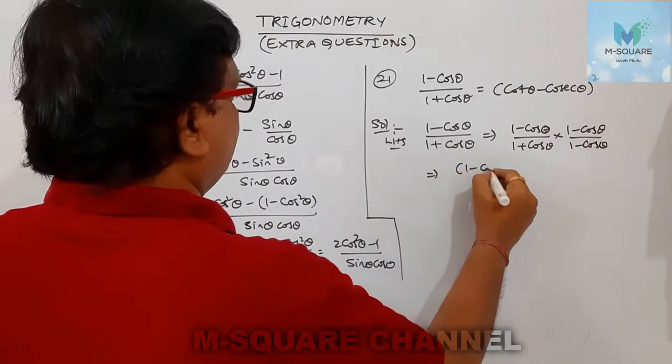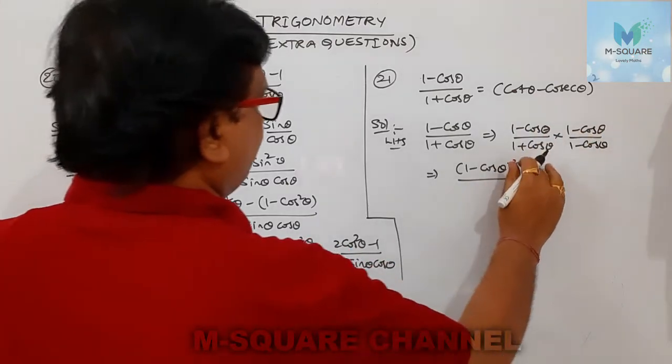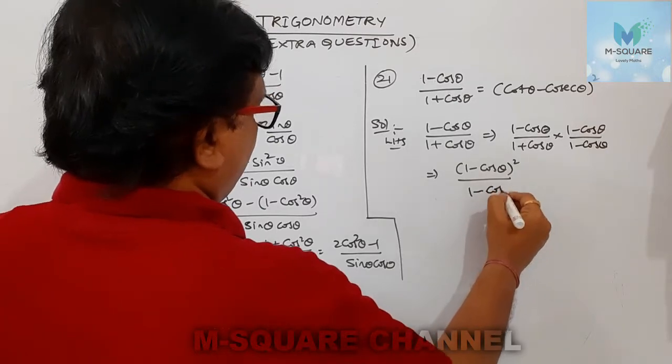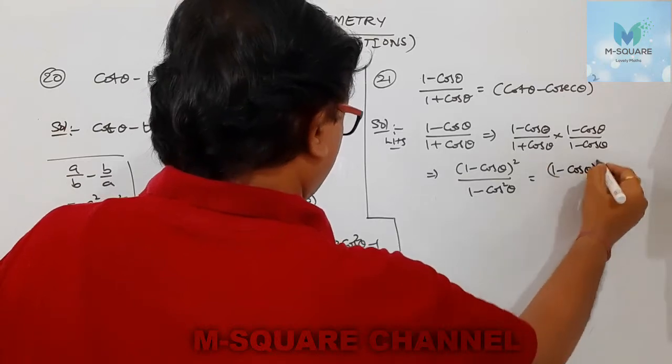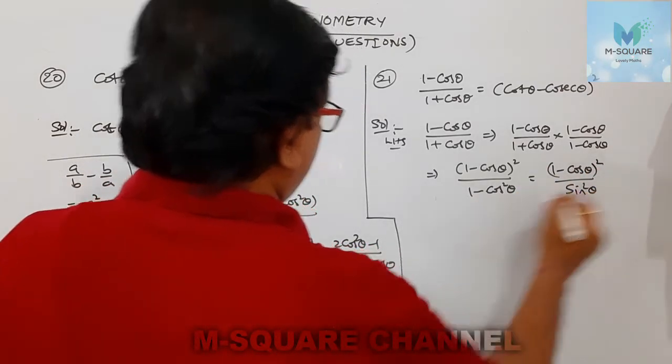So 1 minus cos theta whole square, a plus b into a minus b. So 1 square minus cos square theta. So 1 minus cos theta whole square by 1 minus cos square theta, means sin square theta.